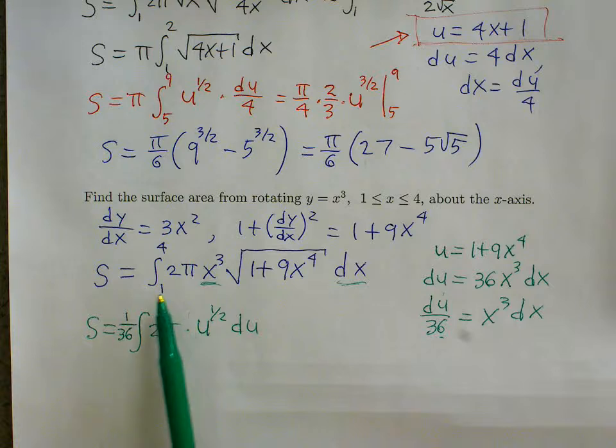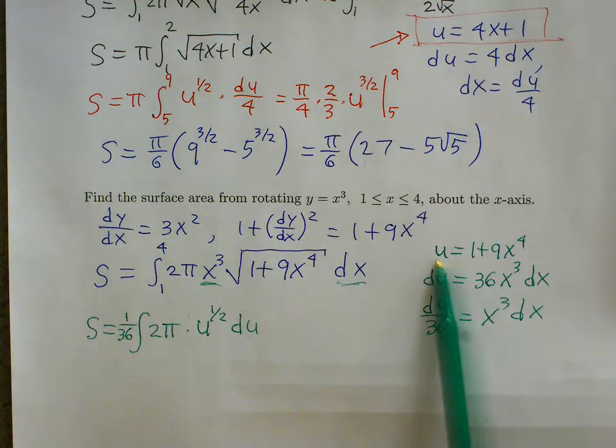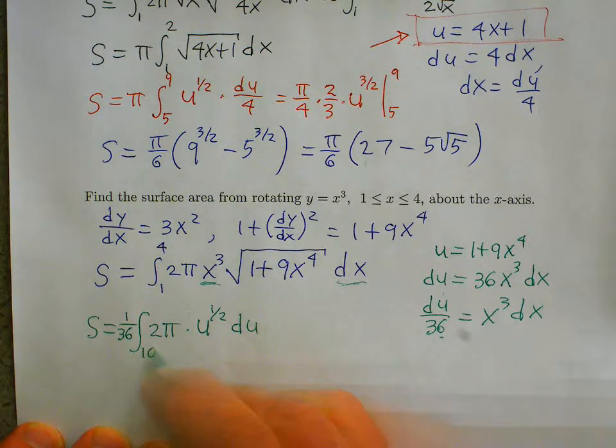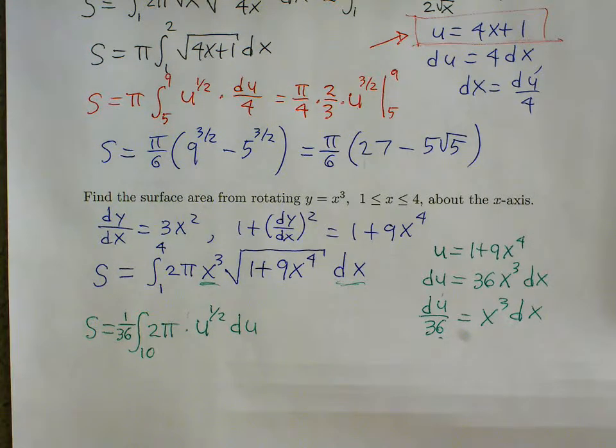So in the original integral, the lower limit is x equals 1. So for the transformed integral, the lower limit is u equals 1 plus 9 times 1 to the 4th, or 10. Is that what you get?